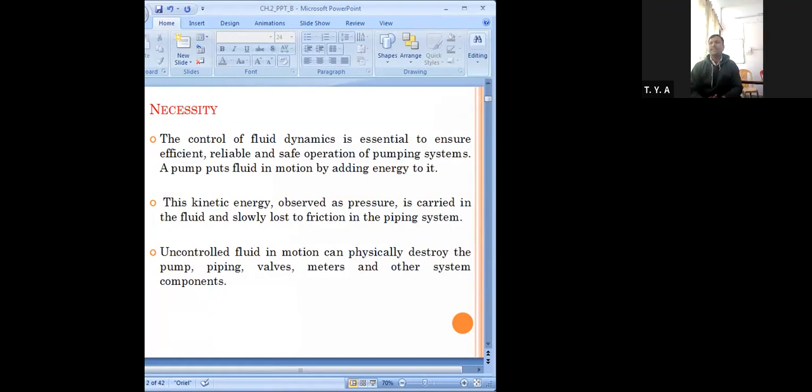In fact, the efficient function of the entire fluid power system depends to some extent on the control components, that is the valves, which are used in the hydraulic or pneumatic system.